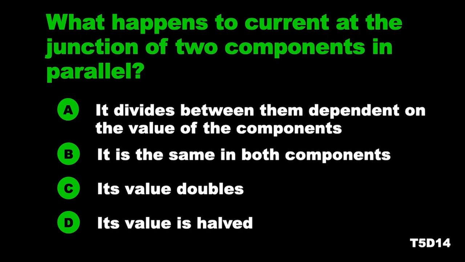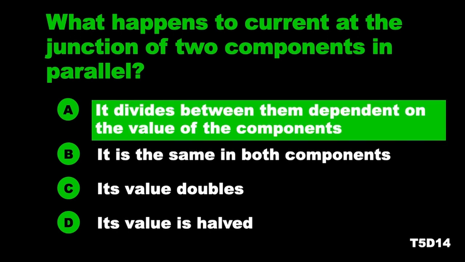I'm going to guess B. Let's read it carefully. What happens to current at the junction of two components in parallel? We're talking about parallel, and we're talking about current, not voltage. So would it be A? Correct. It divides between them dependent on the value of the components.